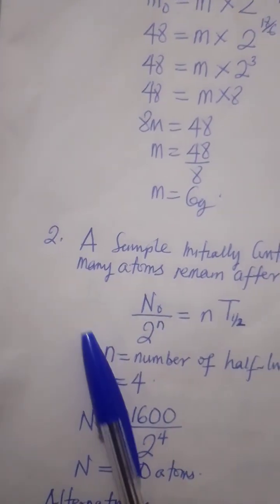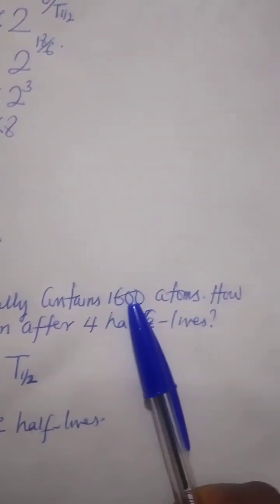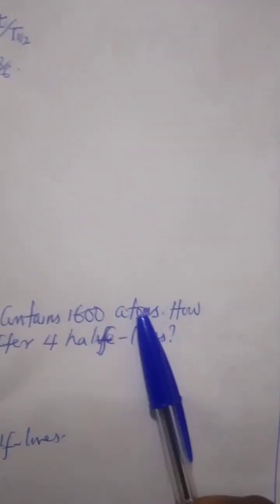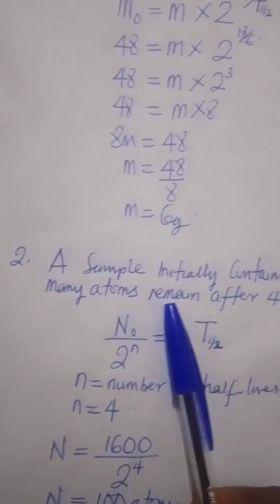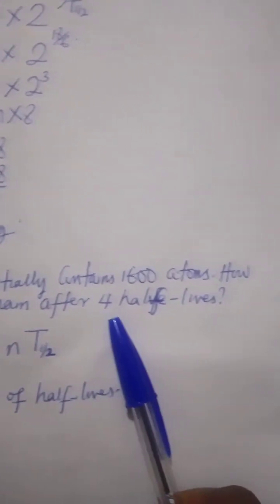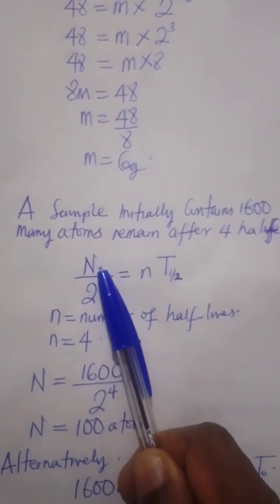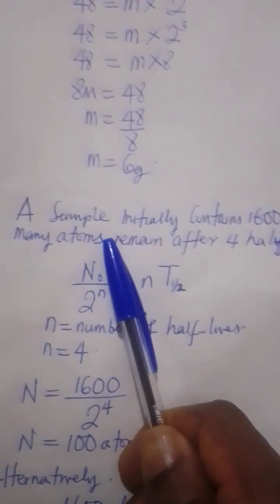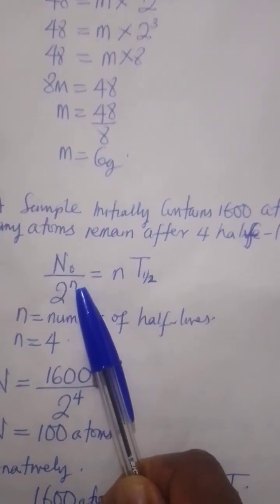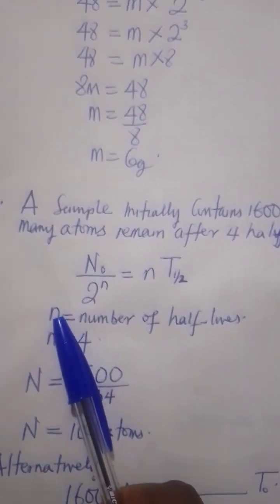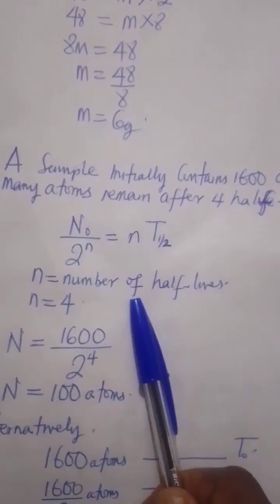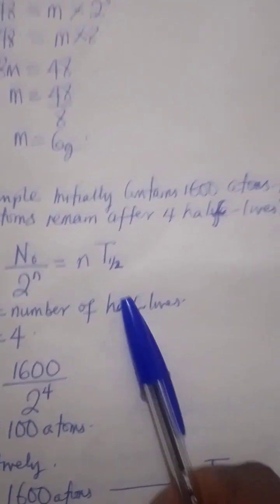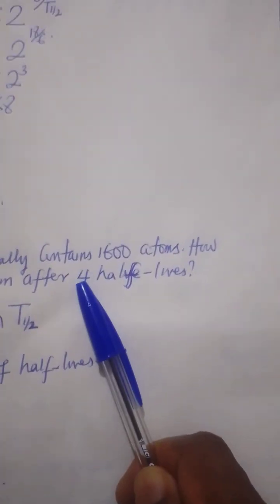Question number 2. A sample initially contains 1,600 atoms. How many atoms remain after 4 half-lives? And so remember this formula. I told you to commit this formula to memory. N naught over 2 raised to the power n is N, where n is the number of half-lives. The number of half-lives in this question now is 4.